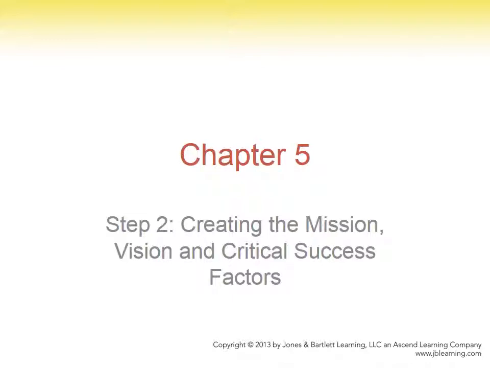Step 2, you've assessed your market, you've assessed what's going on, you've got an idea of what your strengths are inside, who is out there that can impact you, and now you're going to get into creating your mission, vision, and critical success factors. So now we're starting to narrow our focus.